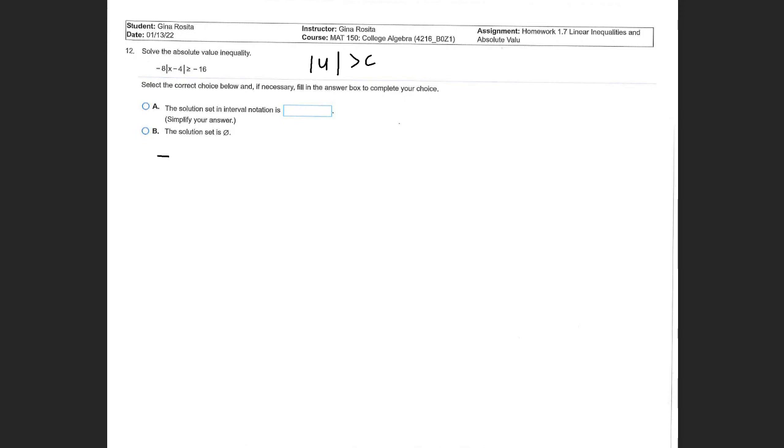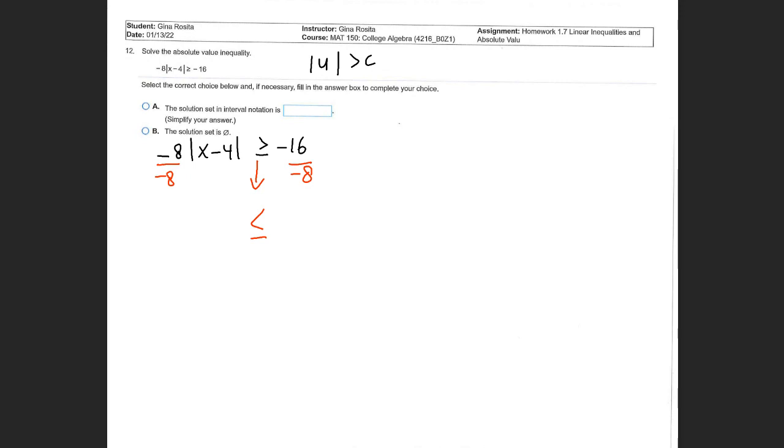We have to divide first, divide by negative 8, divide by negative 8. Because you divide by a negative number, you change the symbol: greater than or equal becomes less than or equal to. Be careful for this one.